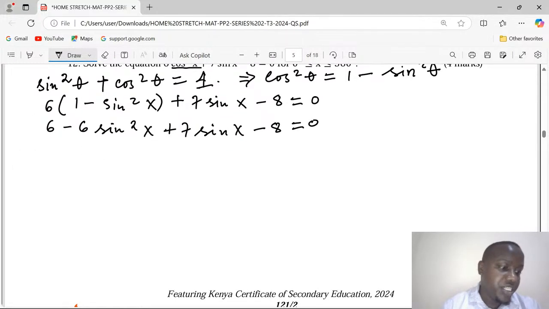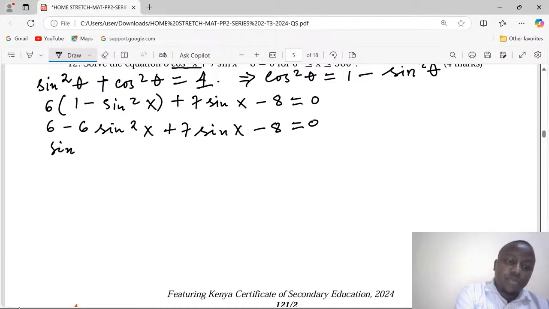Now at this particular point, we can let the sine of x be t.